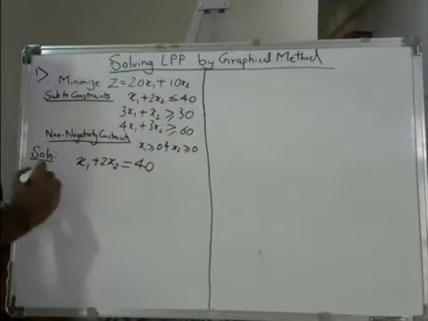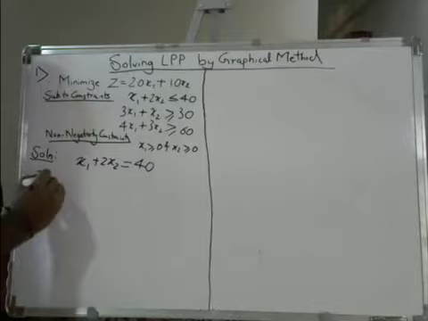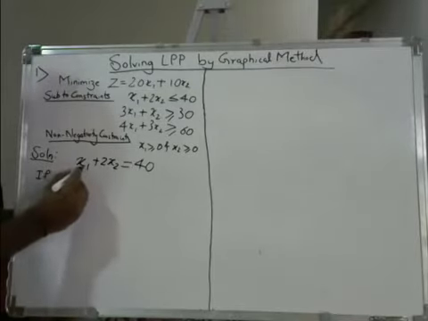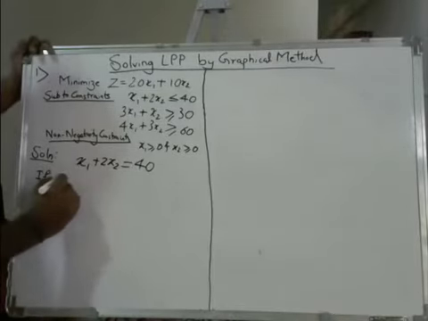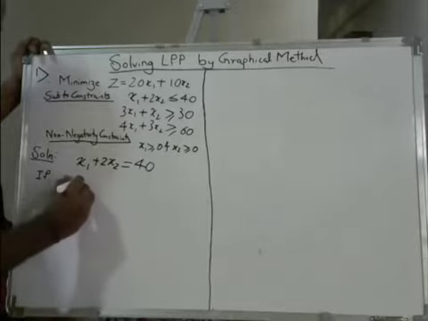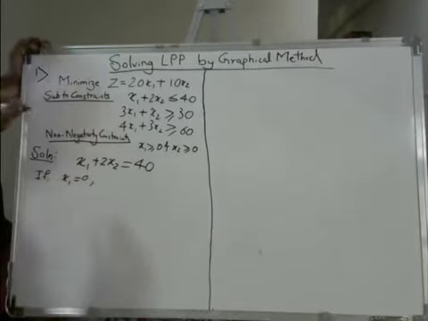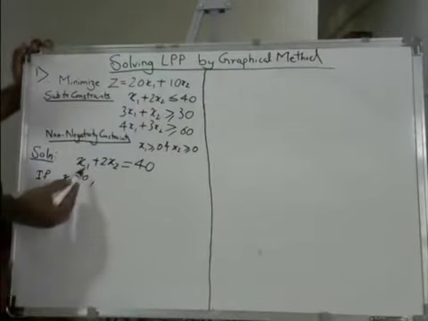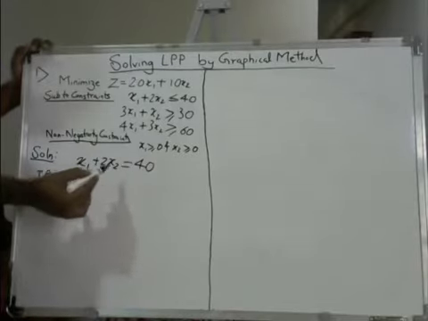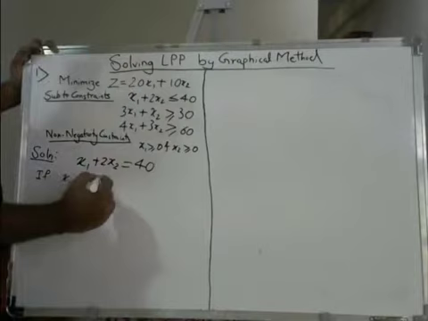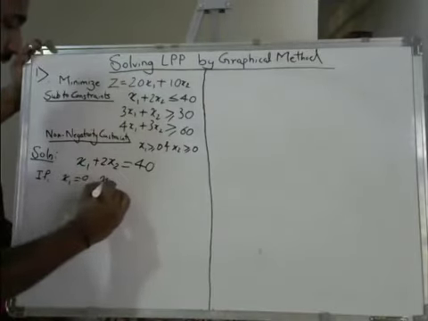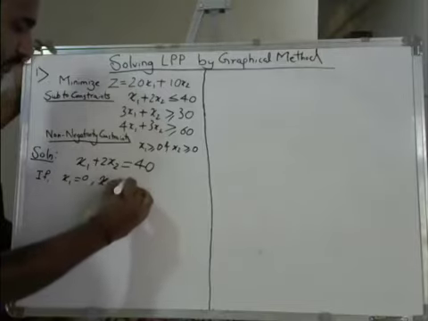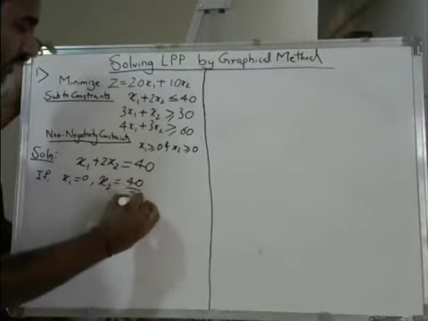Now, what is the next step? If x1 is equal to 0, if we put x1 as 0, what will be x2? If x1 is 0, this becomes 0. 2x2 is equal to 40. x2 will be 40 divided by 2.